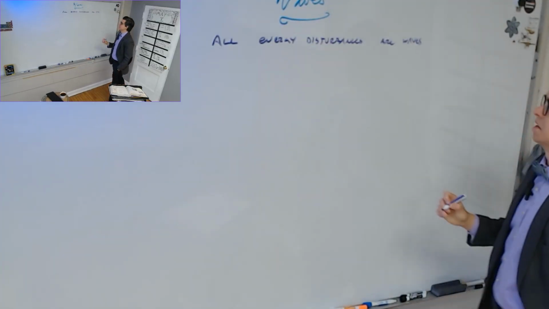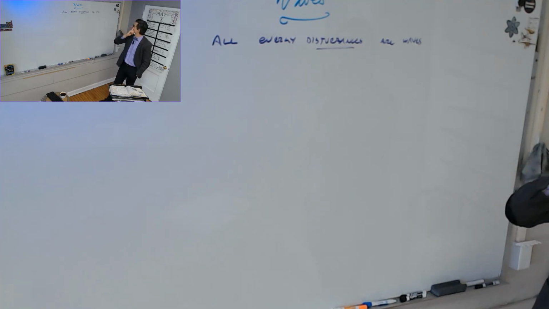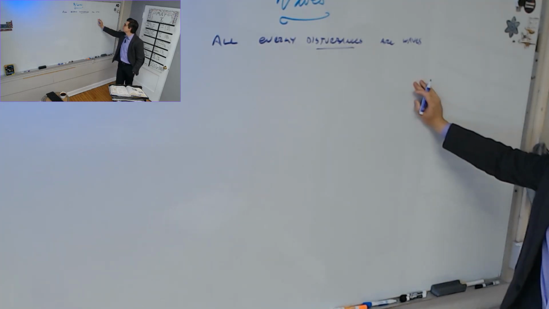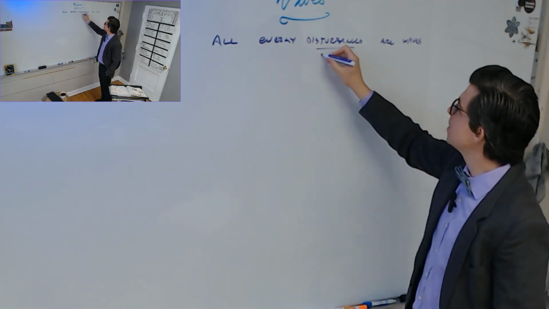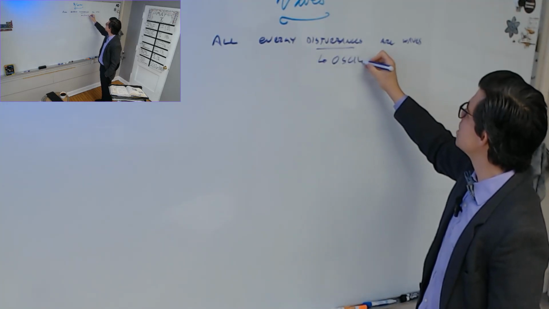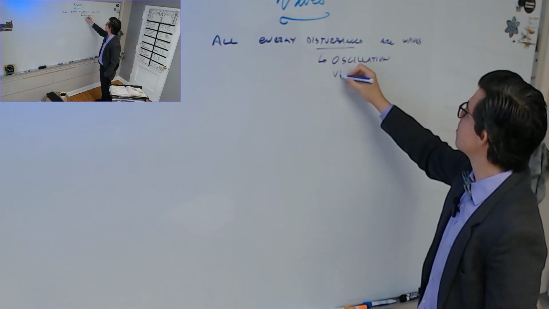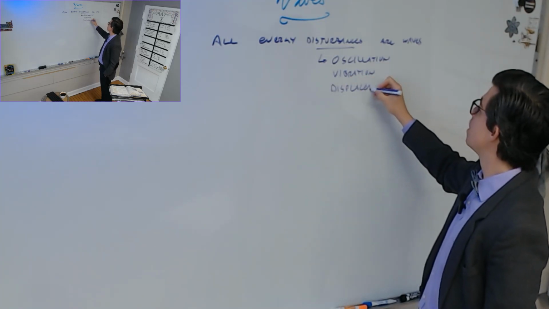What that means, let's talk a little bit about that. A disturbance, I don't know, I could probably have found a better word, but that's what I came up with. We could put oscillation or vibration, but maybe displacement would be a better word.